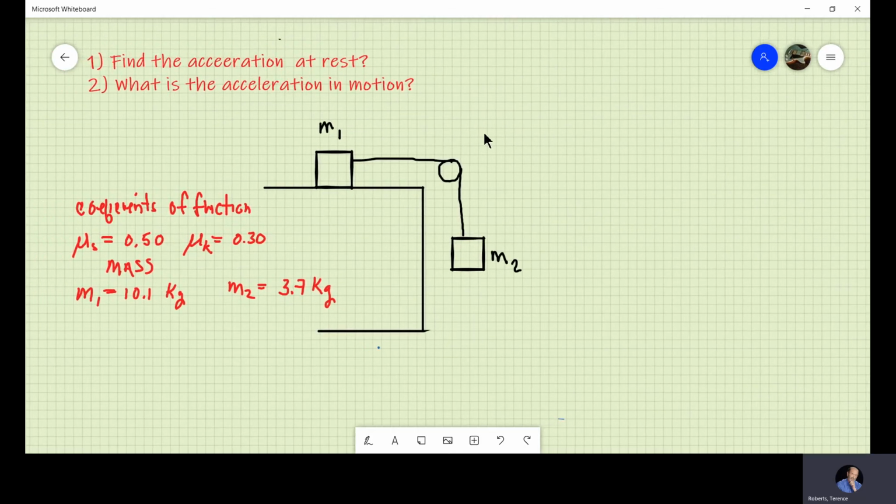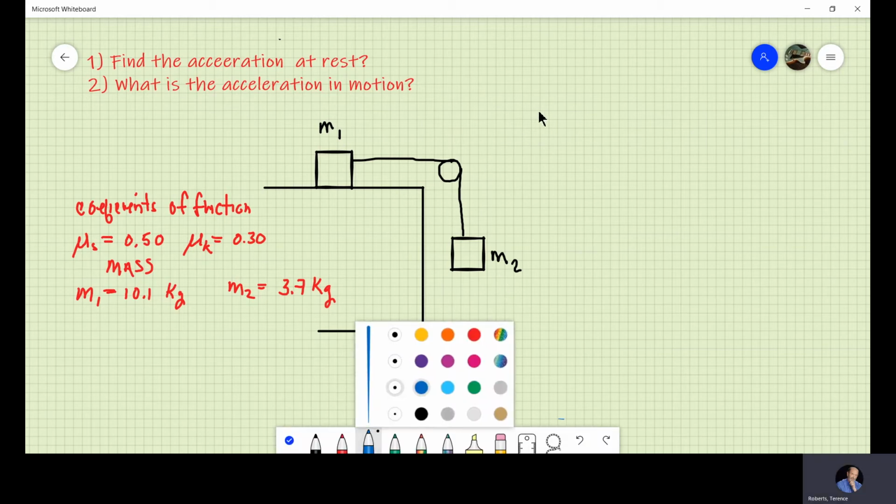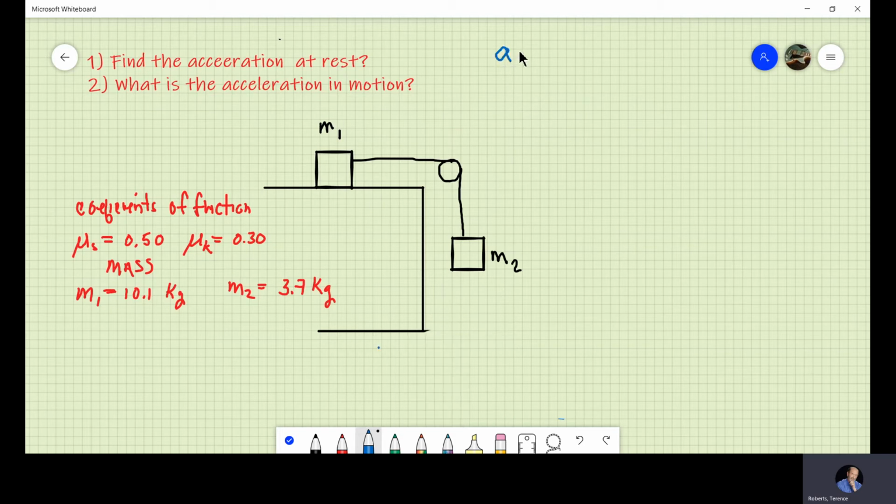So the first question is, what is the acceleration at rest? Since M2 is only 3.7, and M1 is a little over 10 kilograms, the acceleration for this first problem is going to be 0. So we can answer this by saying the acceleration is going to be 0.